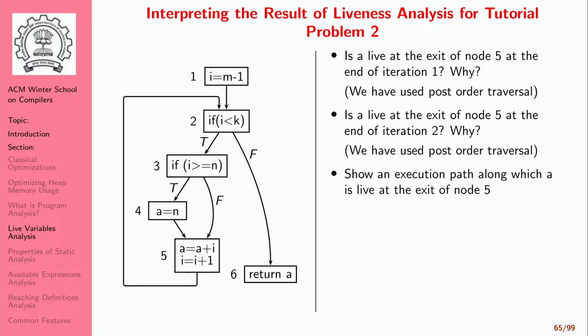So 5 to 6 is one path. Is there any other path? Yes. 5, 2, 3, 5 is another path. So there are multiple paths. Right? Good.